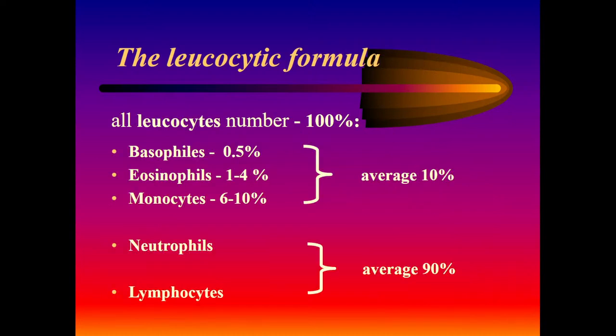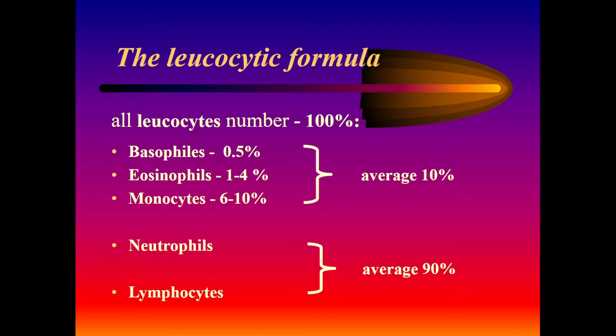The leukocytic formula includes, of all leukocytes: basophils in normal no more than 0.5%, eosinophils in normal between 1 to 4%, monocytes between 6 to 10%, and all of this group in average 10%.